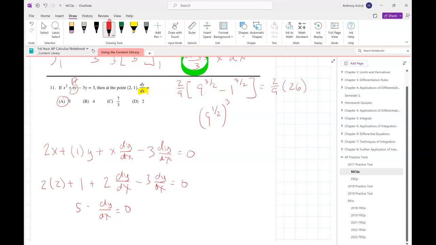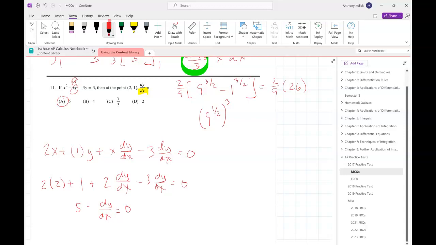I almost guarantee there'll be an implicit differentiation problem that involves a product rule at some point in your AP exam, whether that's inside of a related rates problem or just a straight multiple choice implicit differentiation problem to do. But that thing will occur.